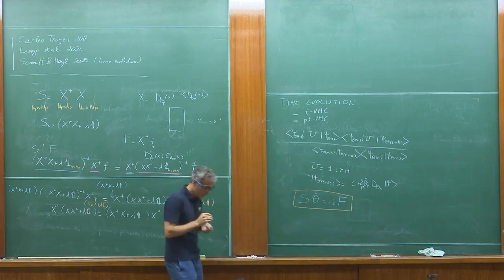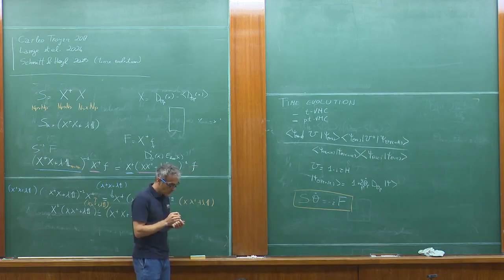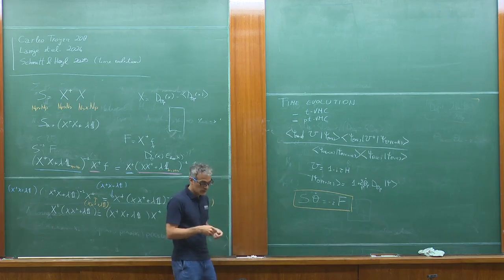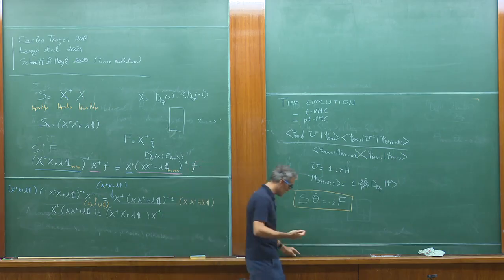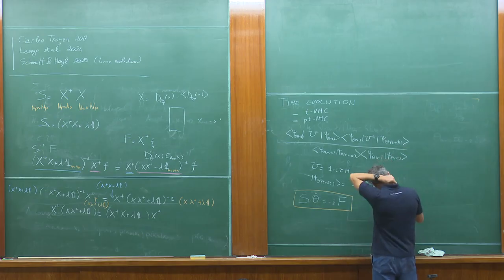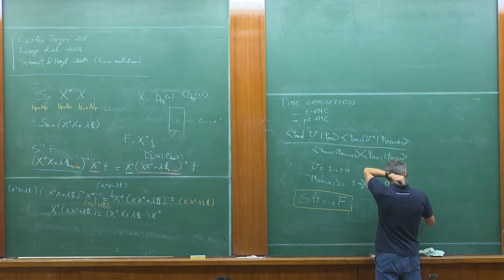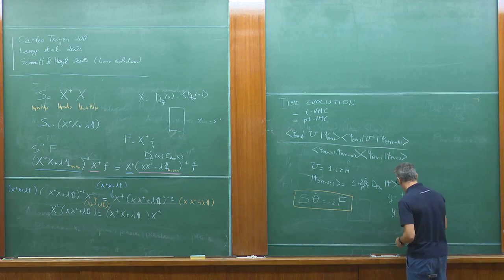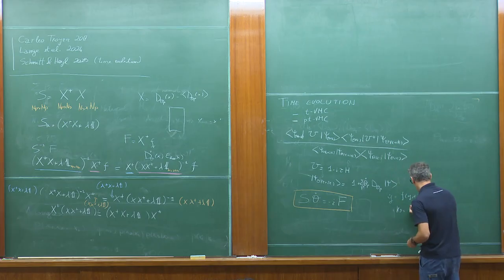What do you do? At each point in time, you figure out what is F, figure out what is S, and you can use an integration method like Runge-Kutta, second order or fourth order. For a fourth order method, let's say y dot is equal to F of y, t. You generate a k1, which is equal to f of y, t, correct?